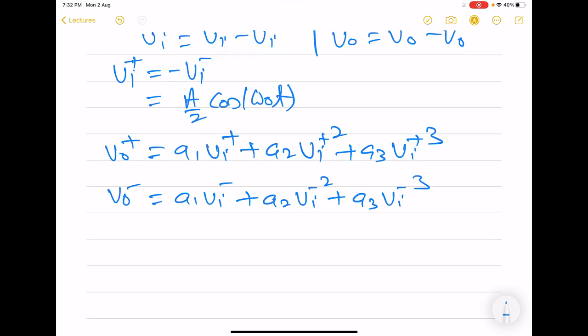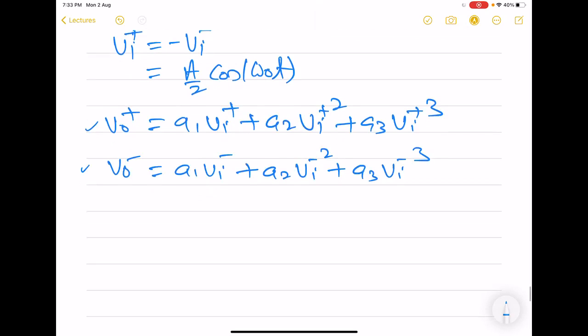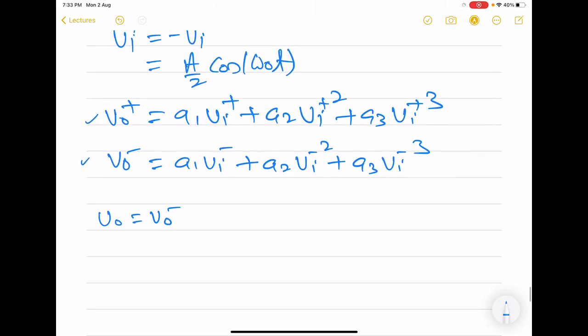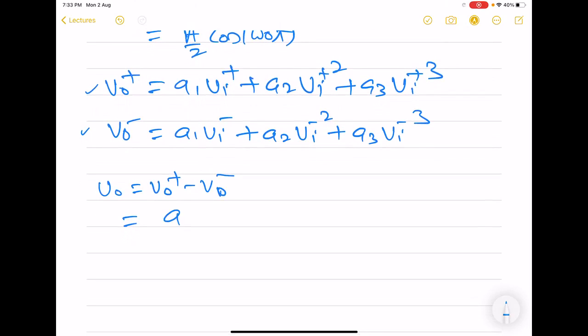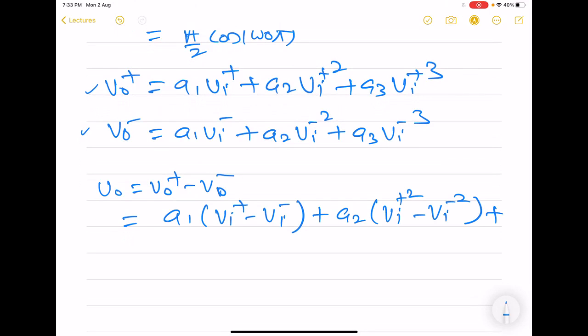Now, since the output is the difference of these two, Vo is Vo plus minus Vo minus, and this can be found out. So here we will get A1 (Vi plus minus Vi minus) plus A2 (Vi plus square minus Vi minus square) plus A3 (Vi plus cube minus Vi minus cube).